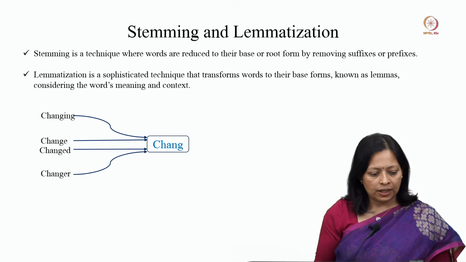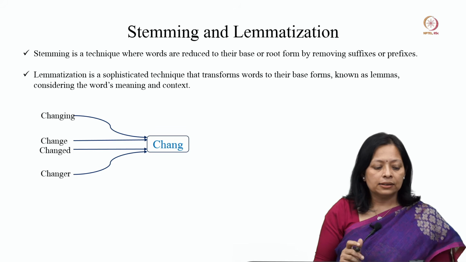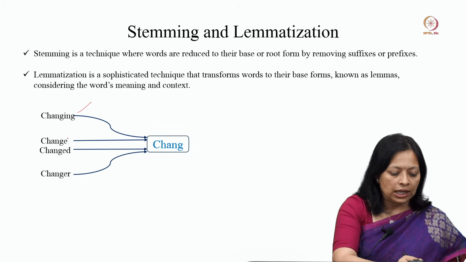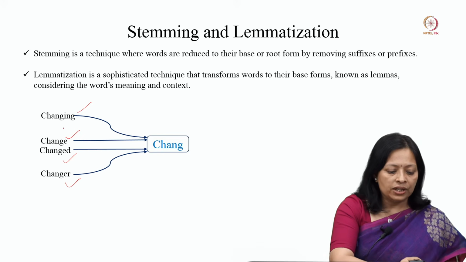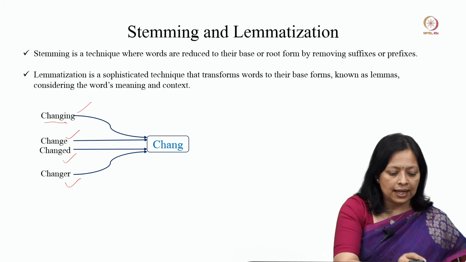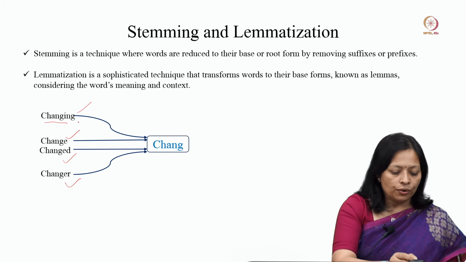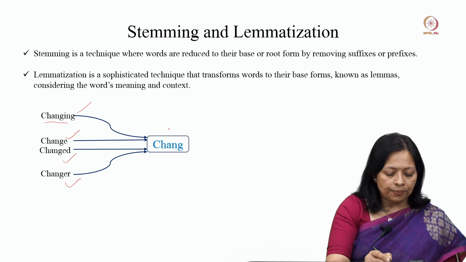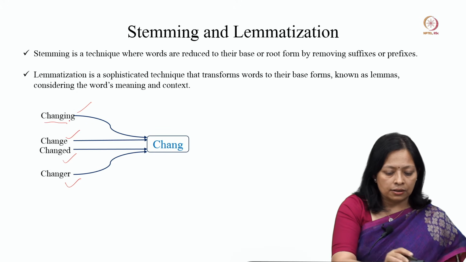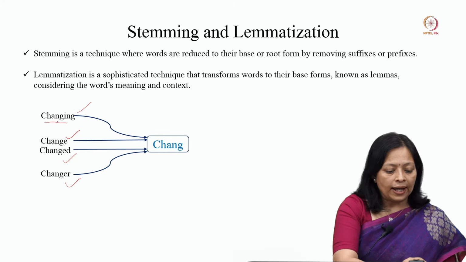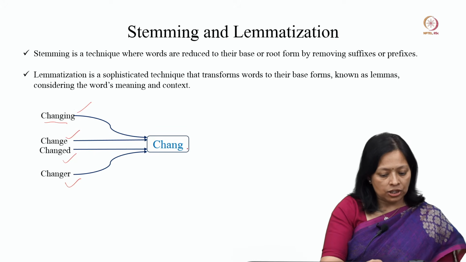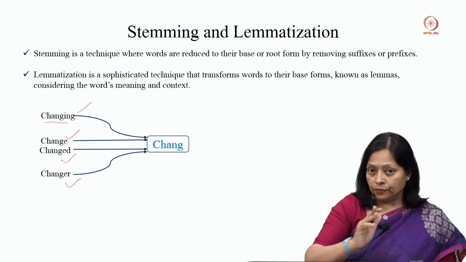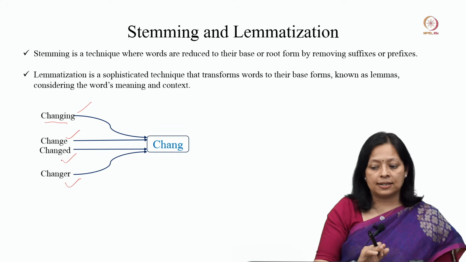We will see here. Suppose we have the words changing, change, changed, changer. If we see, all of them have "chang". So this is the process of stemming, where changing becomes chang, change becomes chang, that e is removed because it is treated as a suffix.